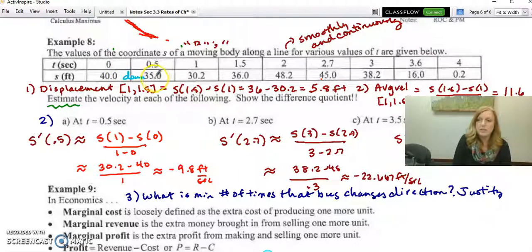Does that mean it went down the entire time? Not necessarily. It might have gone up from 40 and then down to 35. We don't know that, but we definitely know that it went down sometime in here. From here, again, sometime in there it was going down.